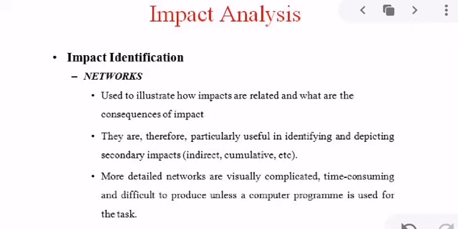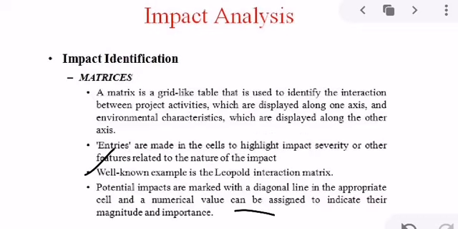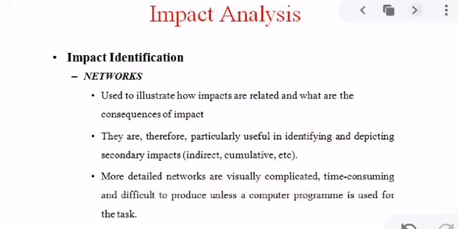More detailed networks are visually complicated, time consuming, and difficult to produce unless computer programming is used for the task. So that's about networks. So networks in impact identification are more useful for depicting the secondary impacts. In matrices, it is for primary impacts. Okay.